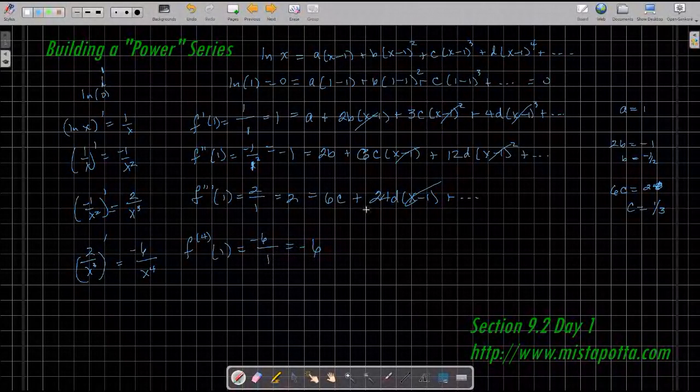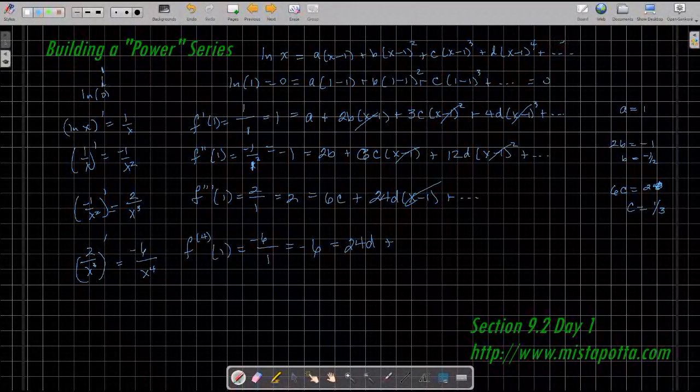But now if I take a look at this derivative here, this has got to be equal to 24d plus, and each of these other terms, which I haven't bothered writing, are still going to have those (x minus 1) terms. (x minus 1) to the first in the case of this one, because I've taken 4 derivatives.